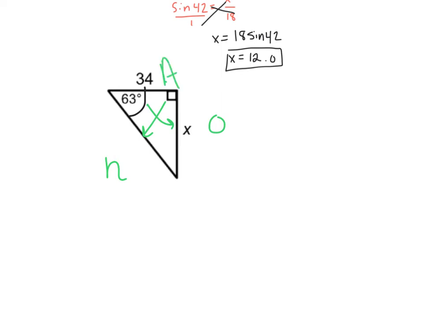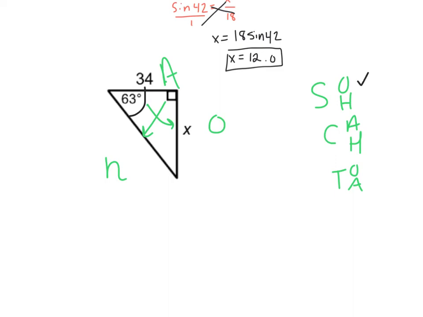So now we need to figure out, which is it? Sine, cosine, or tangent. So what Miss Kimmick and I always do is we rewrite SOH CAH TOA. We now go through the information. Do I have information about my opposite and my hypotenuse?